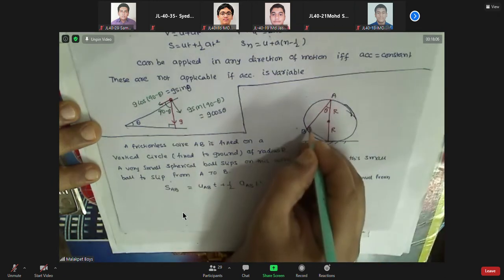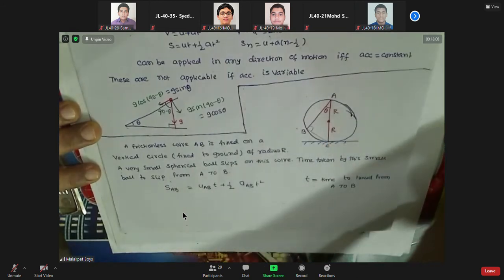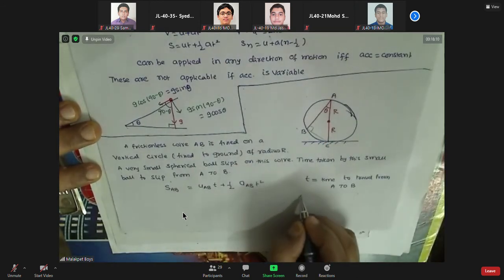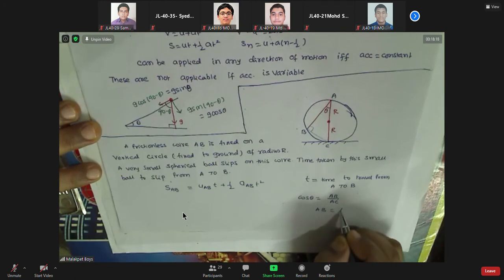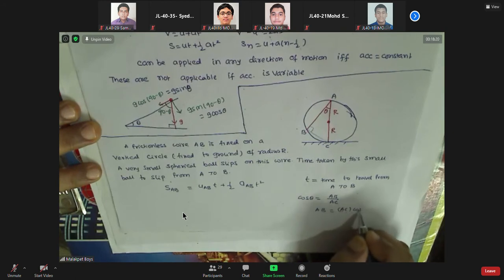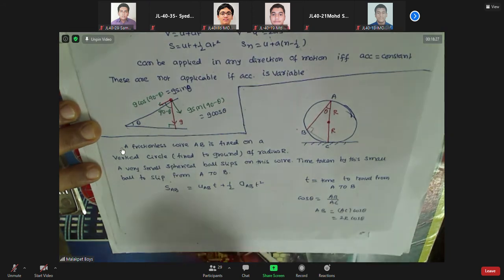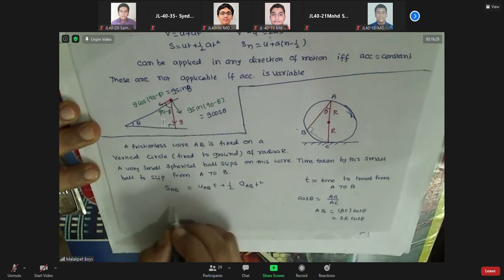So this is 90. Agreed? Therefore cos theta in the triangle is adjacent by hypotenuse, so AB equals AC cos theta. What is AC? 2R. So AB is 2R cos theta.